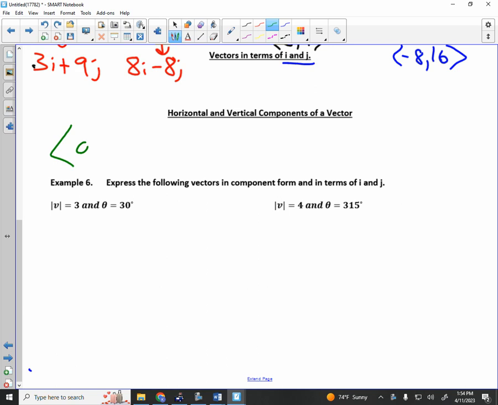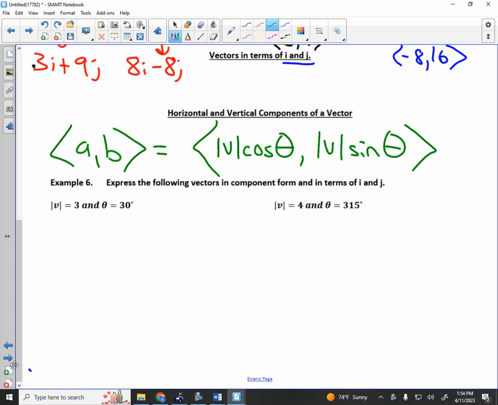We have A is the magnitude of v times the cosine of theta, because cosine is horizontal, and then B is the magnitude of v times the sine of theta, because that is vertical.